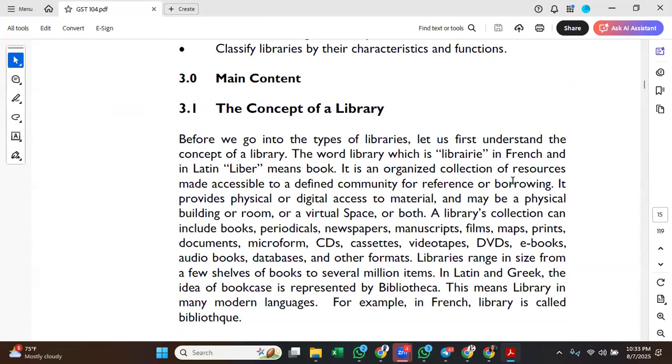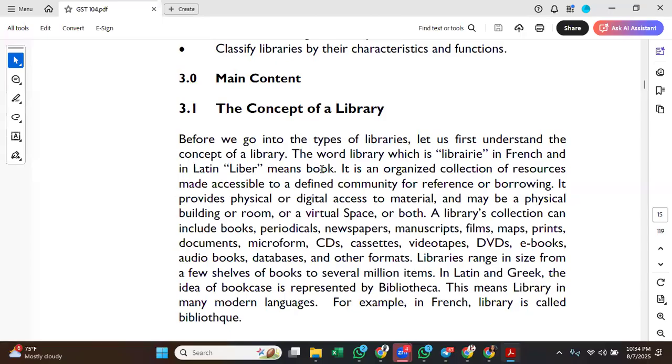So now let me throw open questions on the concept of the library. What you've learned so far is that all of those libraries we are seeing, they are not just general libraries that anybody can enter into. A library is as good as the community it serves. So a library is only made accessible to a defined community, so that it's not just for anyhow or anybody.